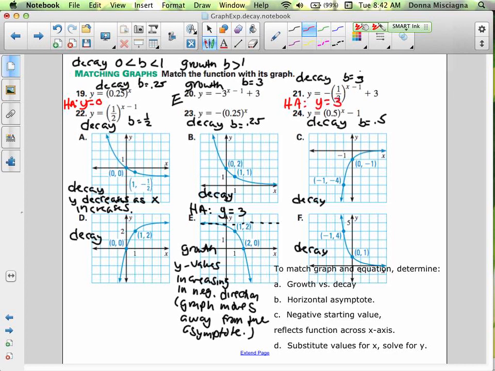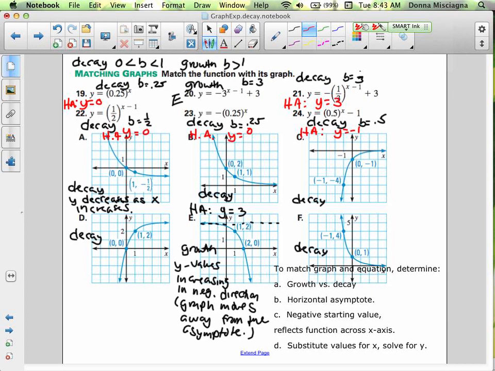How about for 22? Yep. Number 23. And 24. And -1. So it's always that value added in. Right? If nothing's added in, it's 0.